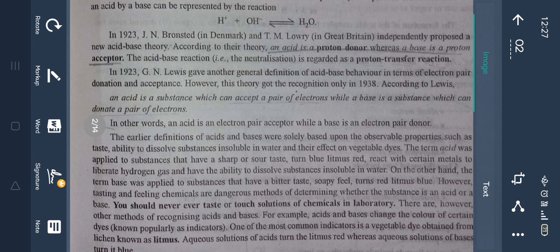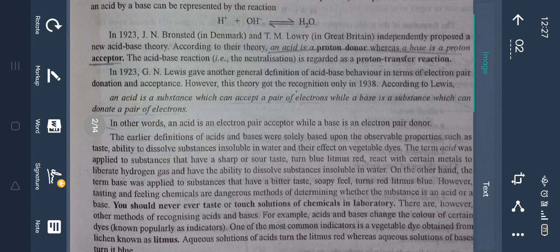On the other hand, the term base was applied to substances that have a bitter taste, a soapy feel, and turn red litmus to blue. However, tasting and feeling chemicals are dangerous methods of determining whether a substance is an acid or a base. You should never taste or touch solutions of chemicals in the laboratory. There are other methods of recognizing acids and bases.